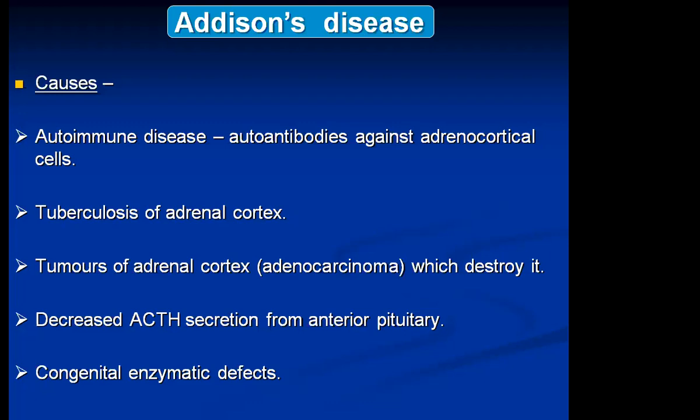If there is a certain enzymatic defect in the synthesis of these various hormones, it can also lead to Addison disease. So autoimmune conditions, tuberculosis, adenocarcinoma, decreased ACTH secretion from anterior pituitary, and congenital enzymatic defects are some of the primary causes which can lead to Addison's disease.